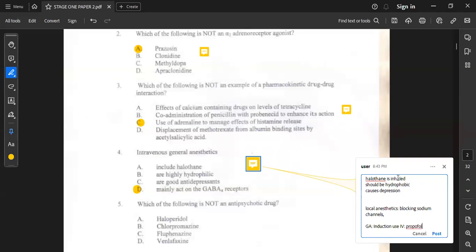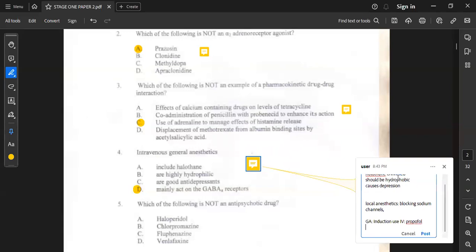And in the GAs, there's something called MAC, that is minimum alveolar concentration. The lower the MAC, the better the action. And there's also the lipid diffusion ratio.